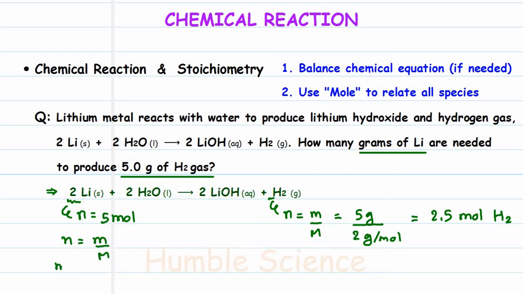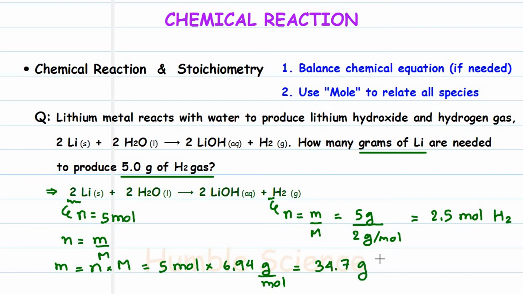So the mass is going to be equal to mole times molar mass, and that is going to be 5 mole times 6.94 grams per mole, and that is going to be 34.7 grams of lithium, and that is the answer.